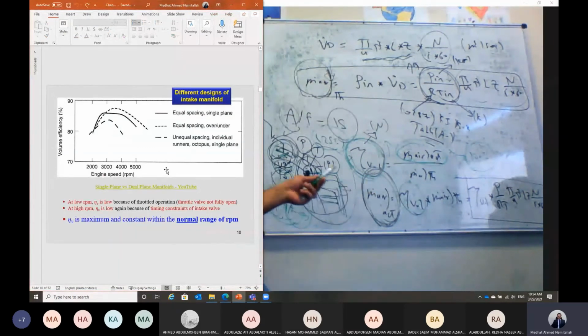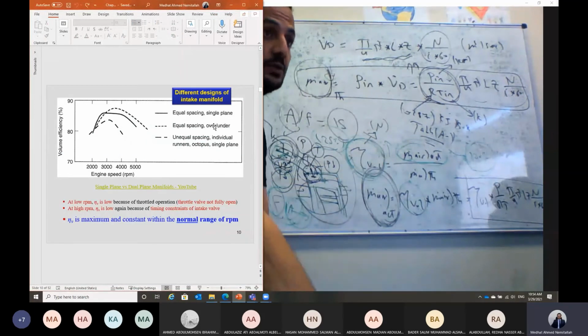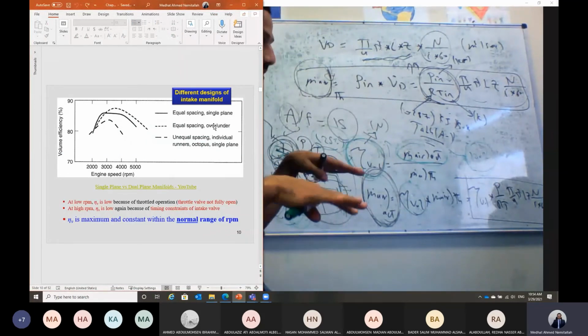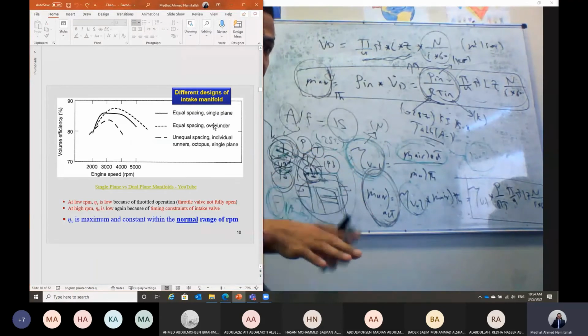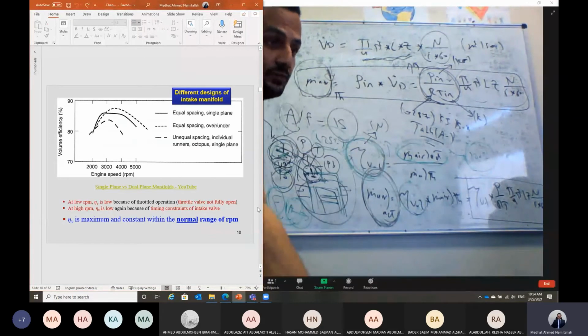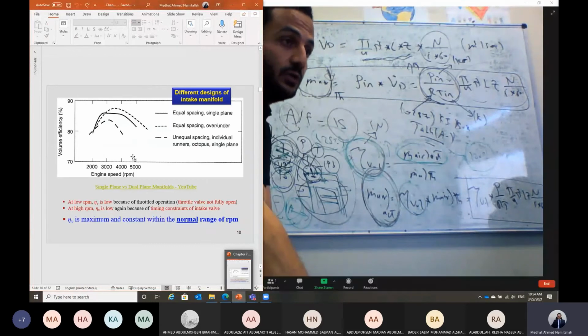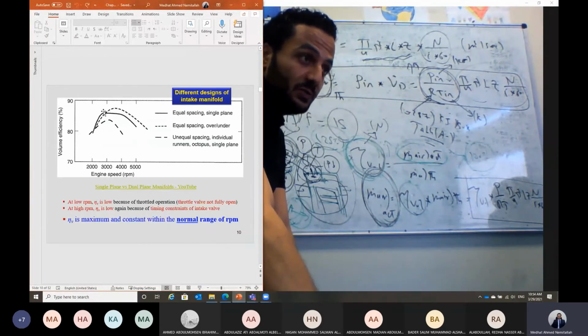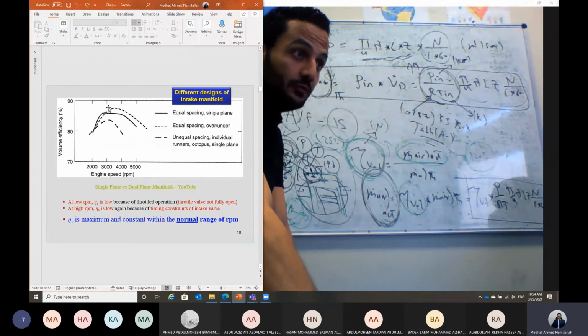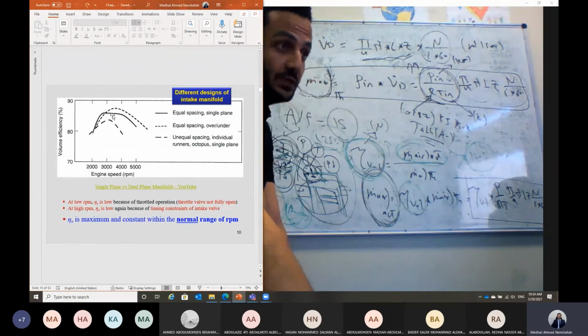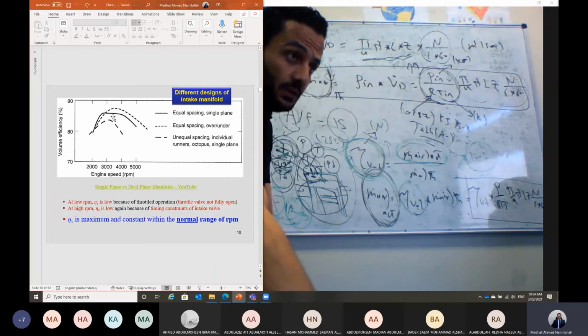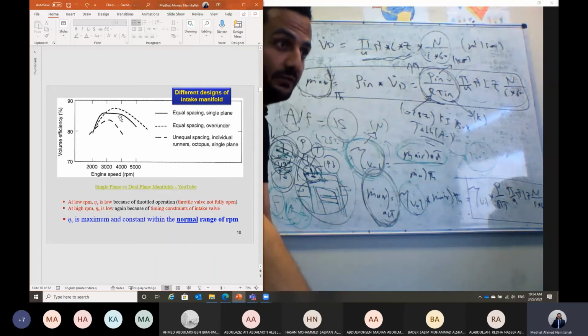But we said we can improve the volumetric efficiency by using the dual intake manifold, where we use a separate intake manifold for each group of cylinders in order to increase the volumetric flow. As you can see here, guys, the volumetric efficiency for the dotted line is higher than the volumetric efficiency for the other case, which is the single intake manifold.